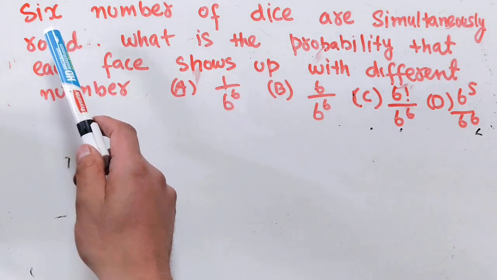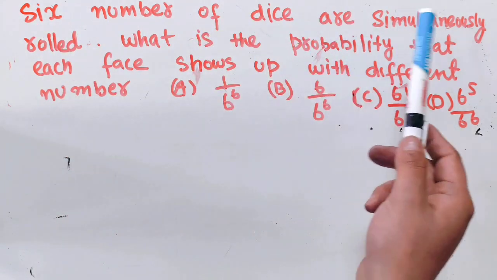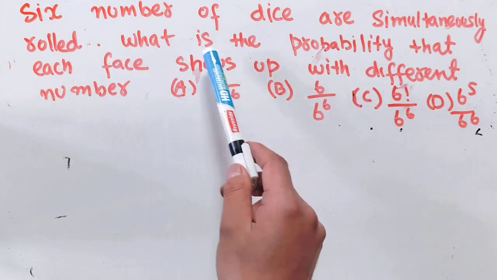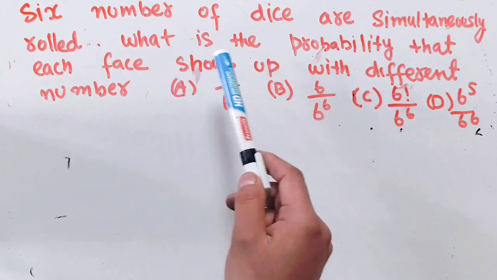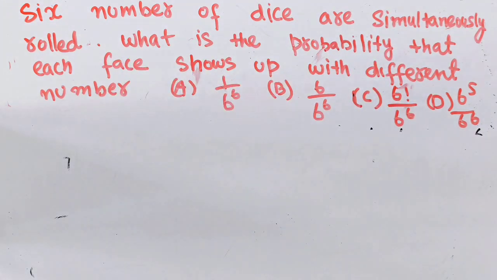The question is, 6 dice are simultaneously rolled. What is the probability that each face shows up with different numbers? Options are given. We need to find out the correct option.